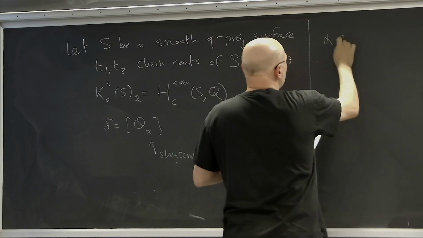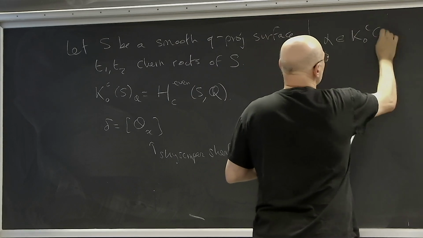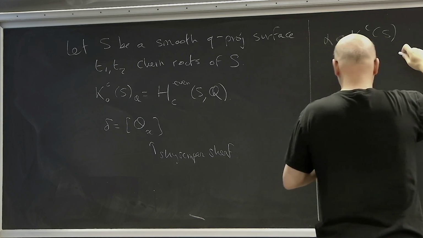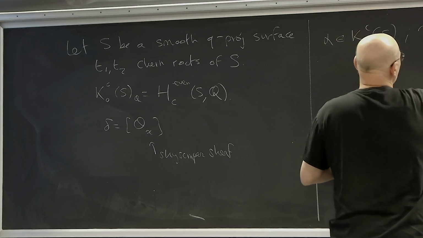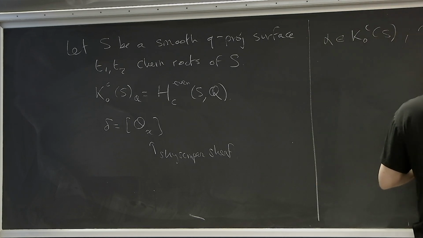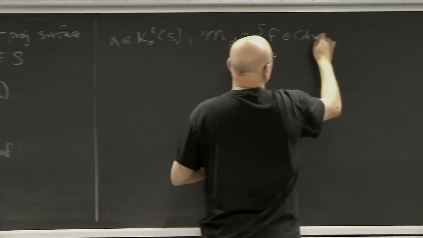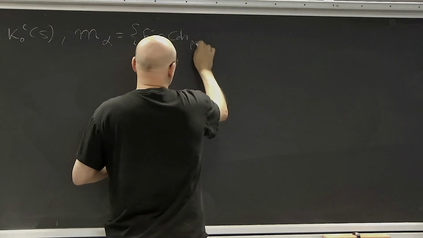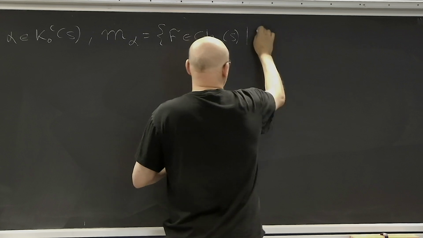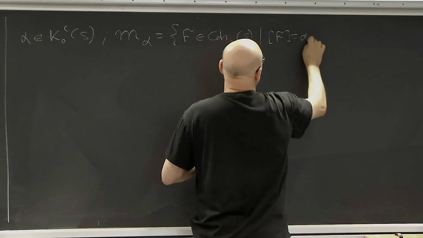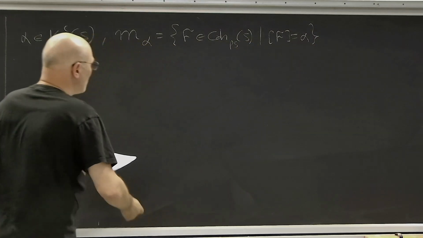So for any alpha in this, we can define M alpha as the stack of all coherent sheaves properly supported on S such that the class of F is alpha. So let me give some examples.